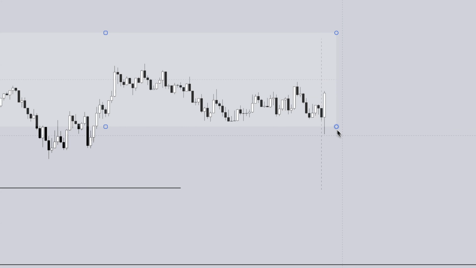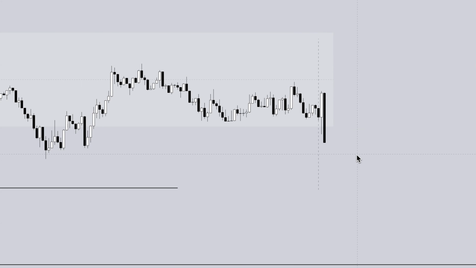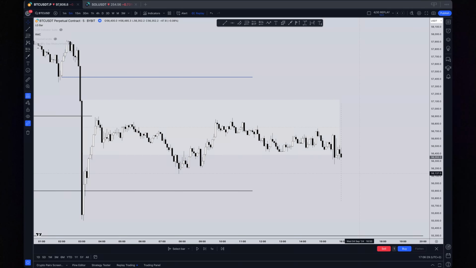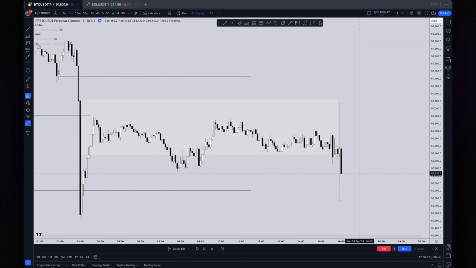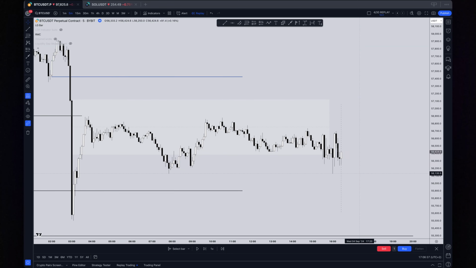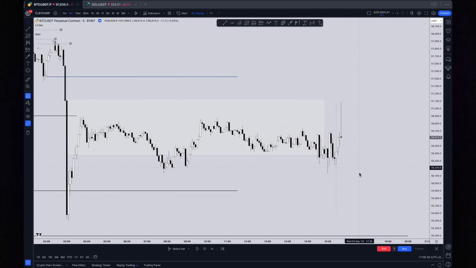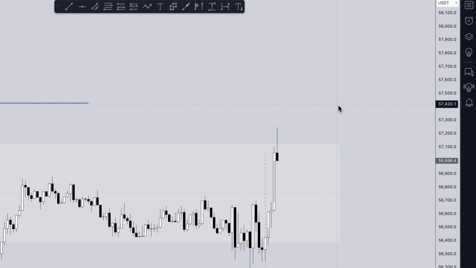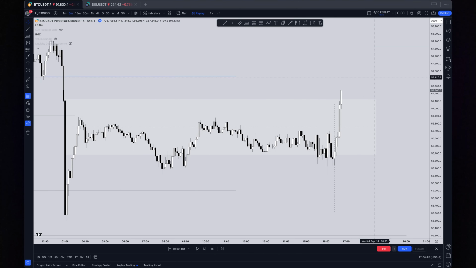Took the low once again, strong reaction to the upside. That's what I want to see. Big spike to the up. Sweep. Nope, want to go higher.